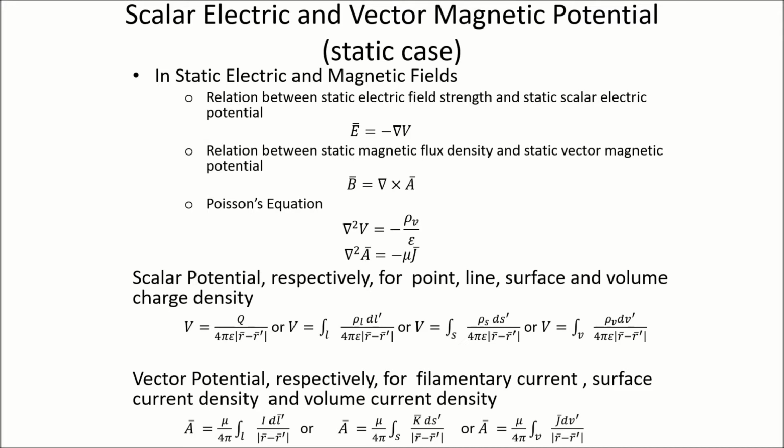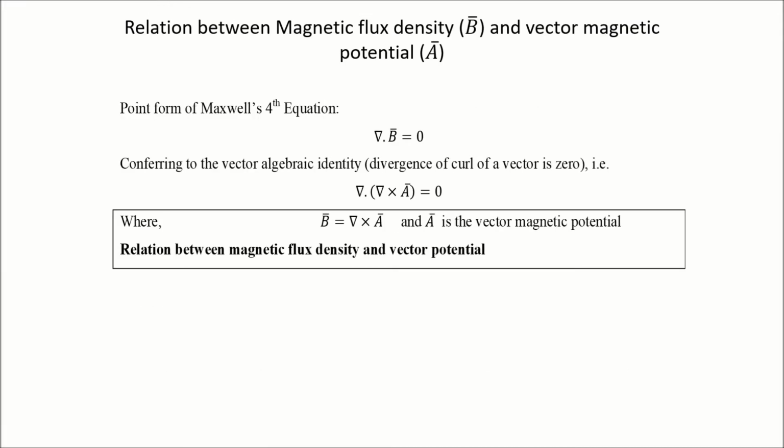Also, the expressions for vector magnetic potential for filamentary current, surface current, and volume current are given, respectively, on this lecture slide. We will find scalar Poisson's equation and vector Poisson's equation for time varying field in the next slide.